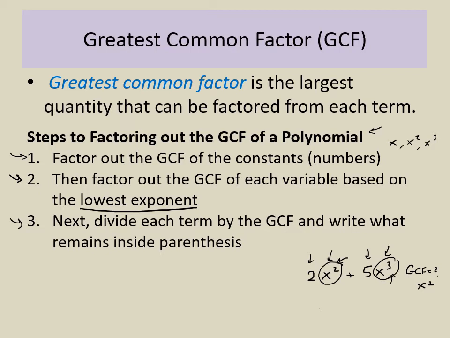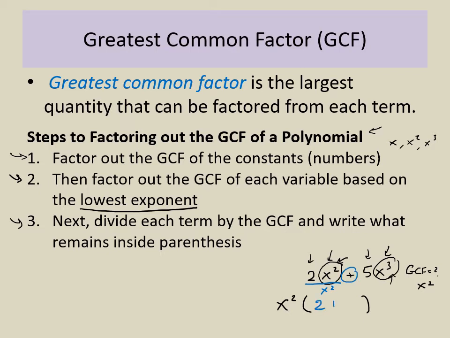Such is what I've shown you before. So if I factor out x squared from here, I open the parentheses. How do I know what's inside the parentheses? You can take the first term divided by x squared. What does that give us? Yep, 2.